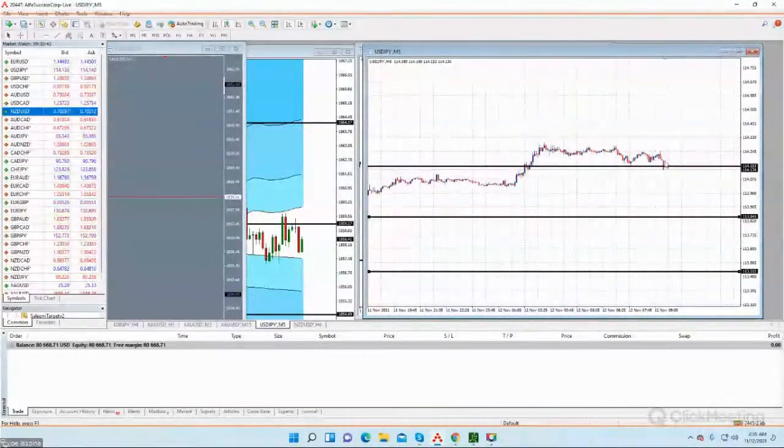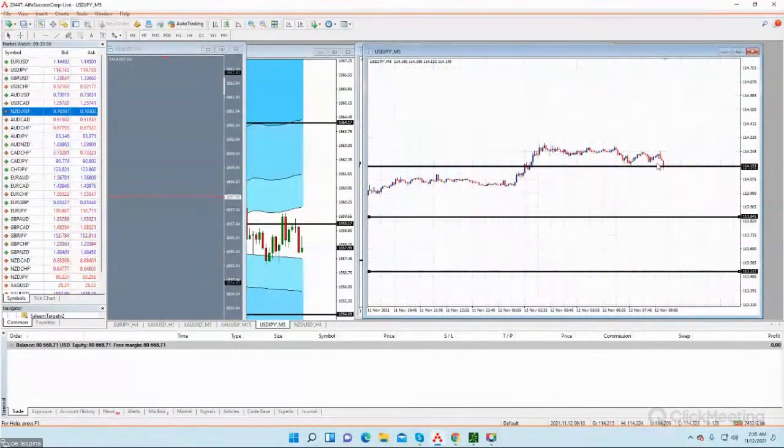So it doesn't matter if the price drops to this line or this line, but by 10 o'clock tomorrow morning, where is the price? It's going to be above 114.15 or under 114.15.